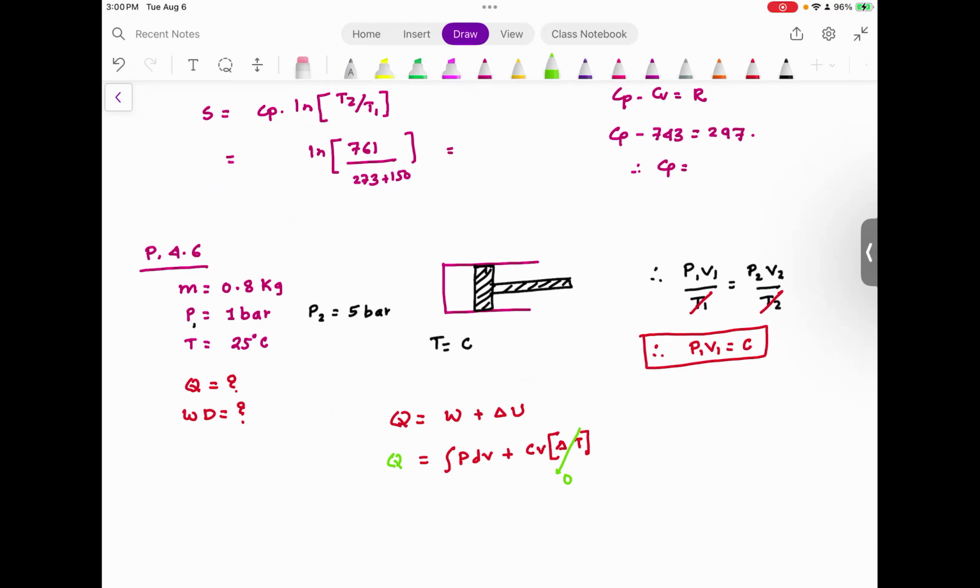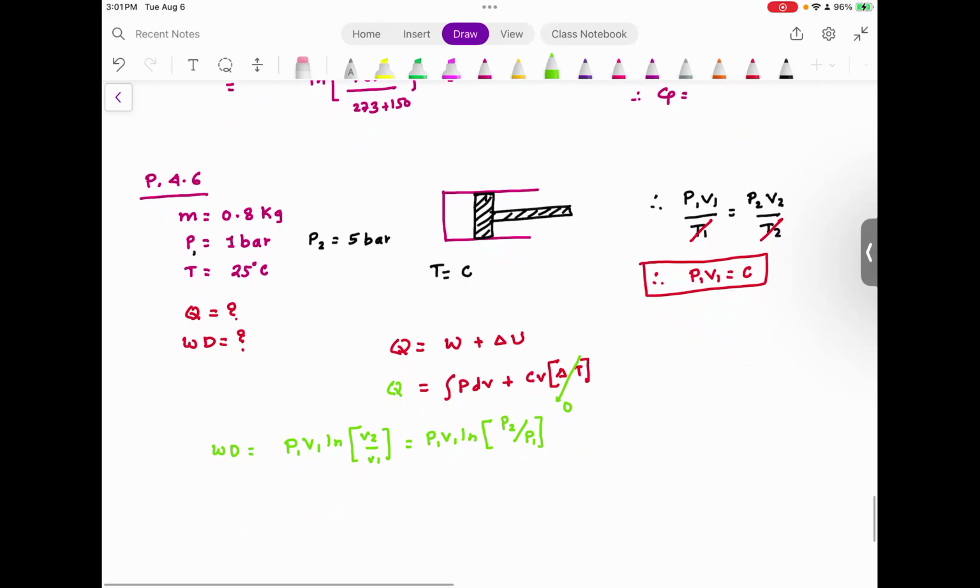Work done in the constant temperature process, remember we derived this, is nothing but P1 V1 ln V2 by V1, or P1 V1 ln P2 by P1.